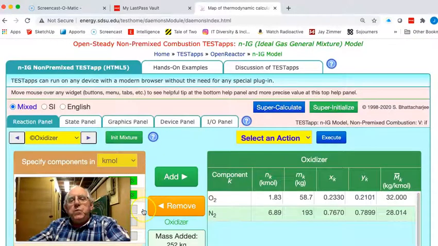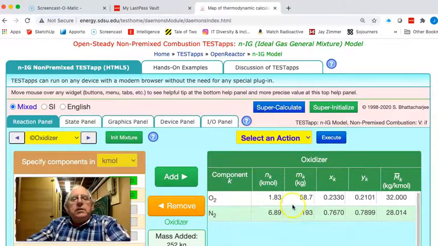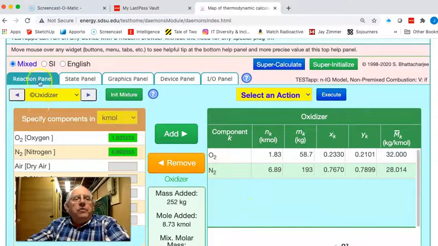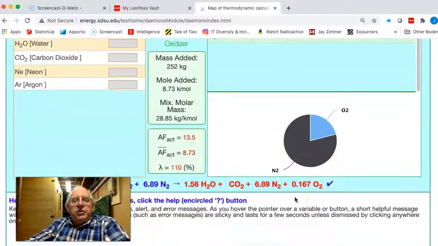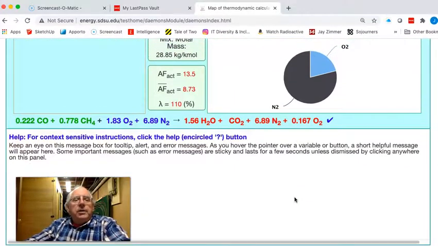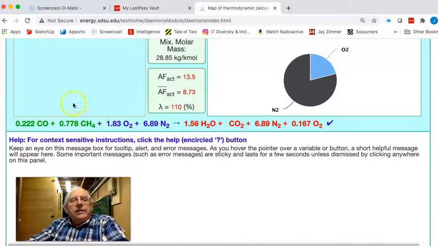Now, having done this action, the software has taken a look at what the fuel was and has gone through and balanced the stoichiometric equation and made sure that there was 10% extra oxygen associated with the system. So if I were then to take a look at the equation, this is what I put in.